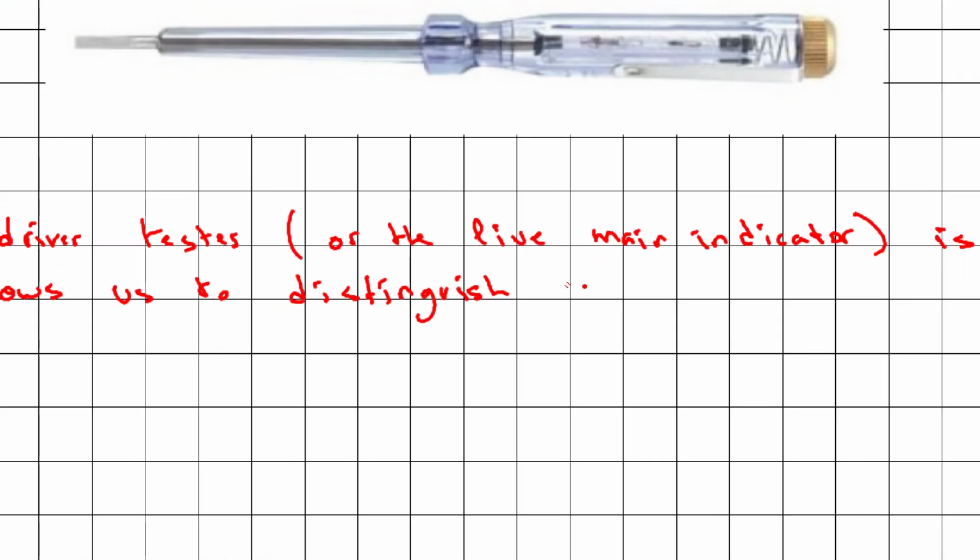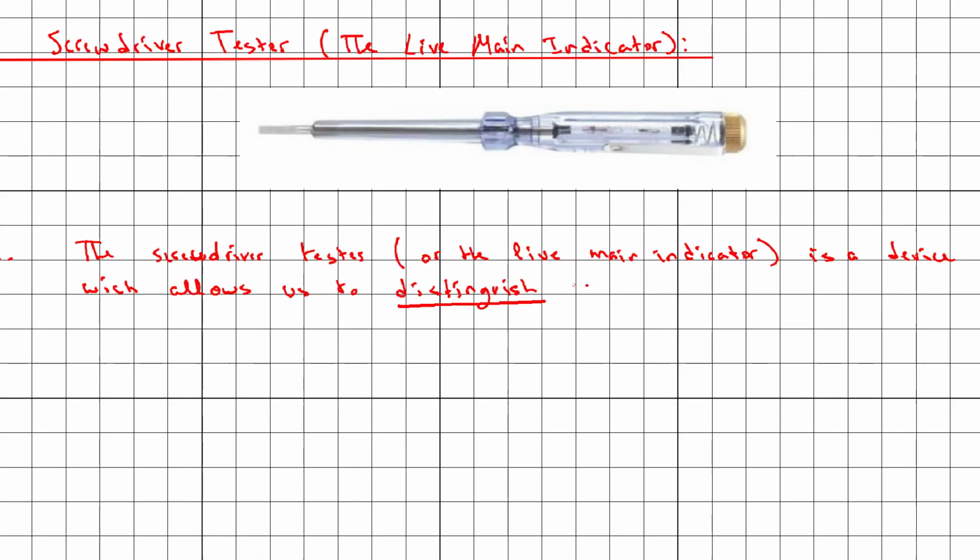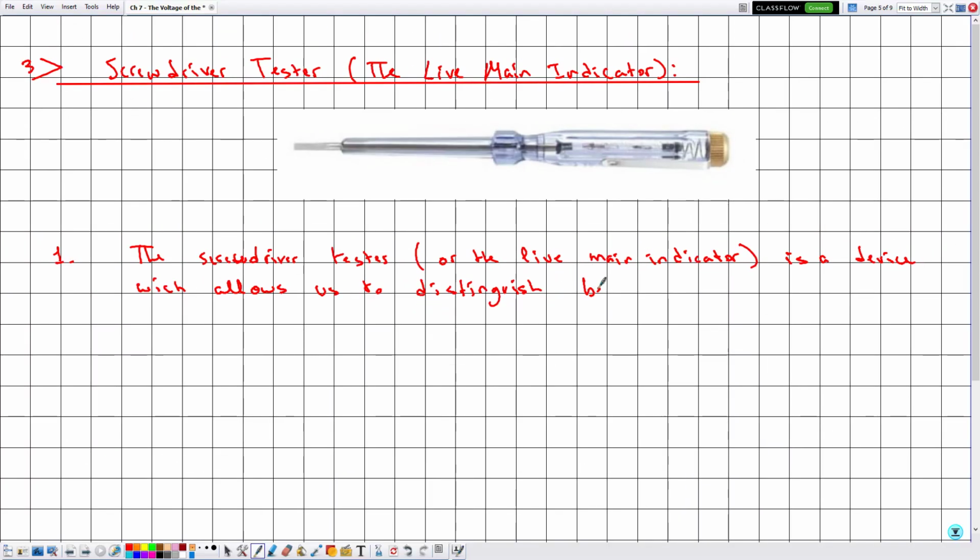So, and here to distinguish, it means to check the difference between, or to differentiate between the live and the neutral terminal.